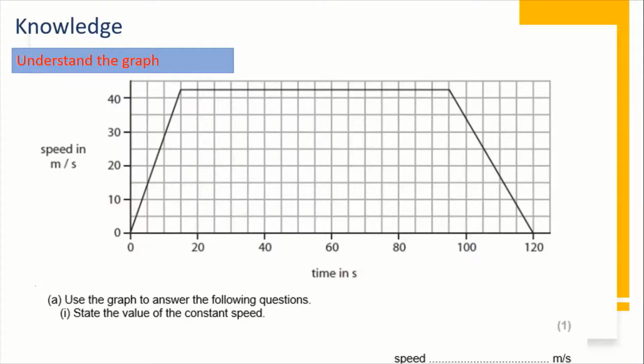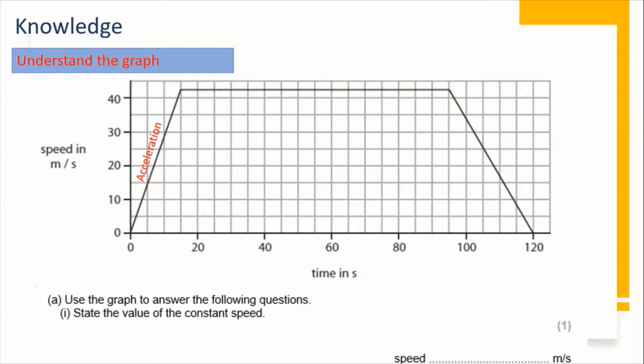We need to analyze the graph further, and that is based on our knowledge. The first part represents the acceleration. How do we know that? Because when it comes to a speed time graph, a velocity time graph, the gradient represents the acceleration.